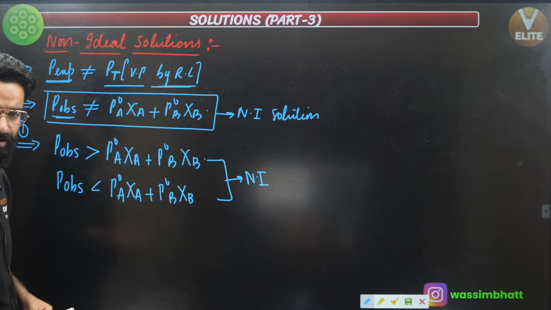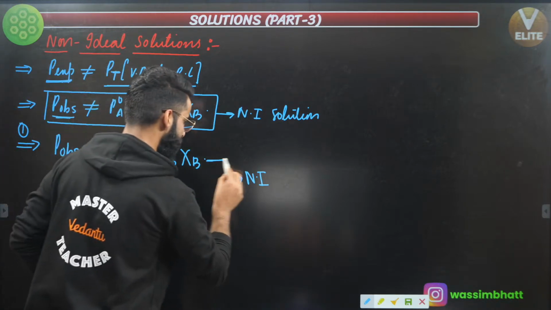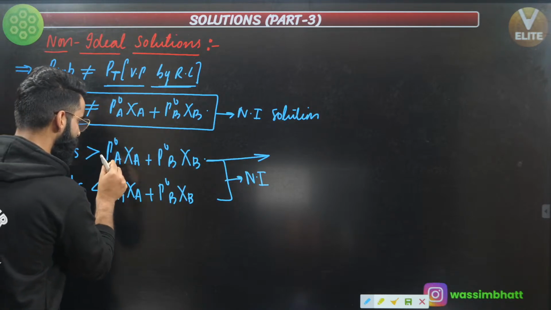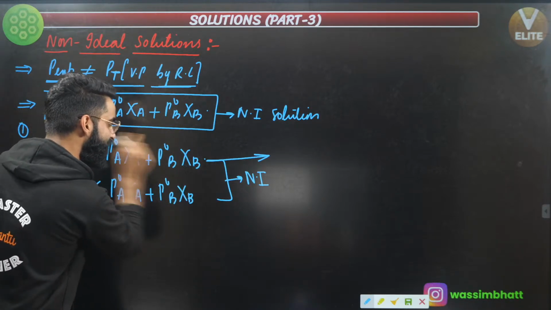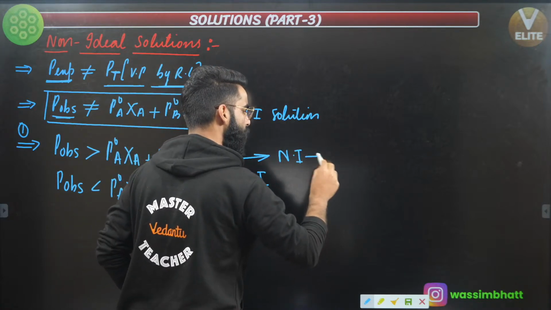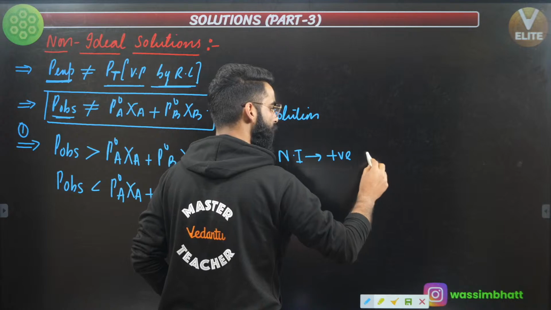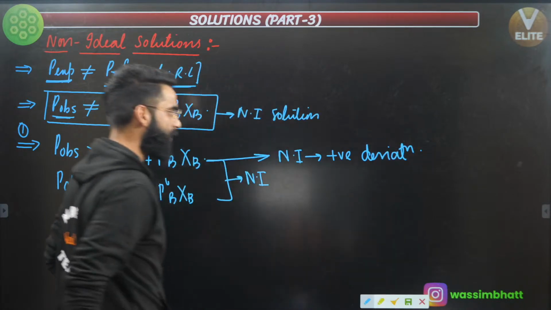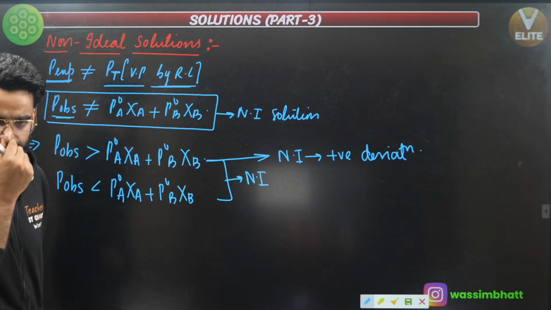That solution in which the experimentally determined vapor pressure comes out greater than the theoretically determined vapor pressure, we say that non-ideal solution shows positive deviation from Raoult's law.